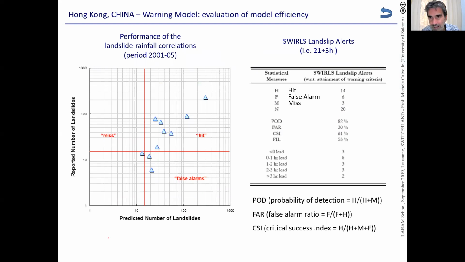I can show you in this slide that they checked at some point the performance of the system in relation to a period of 4 years, 2001 to 2005. They could see that indeed, when they issued their alert, all the times that this number 15 is overcome, because this is N and this is the number of landslides reported.